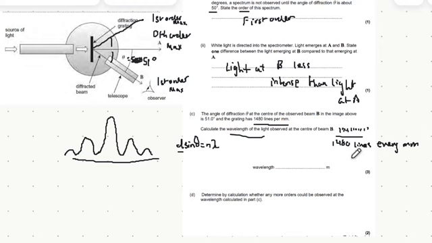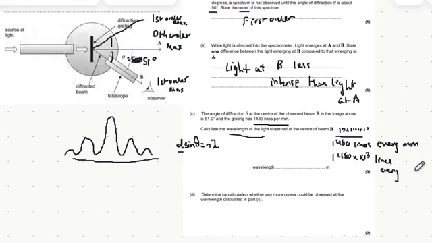First of all, we have to find out how many lines there are every meter. If there's that many every millimeter, we multiply by 1,000, and there's going to be 1.48 million, or 1,480,000 lines every meter.